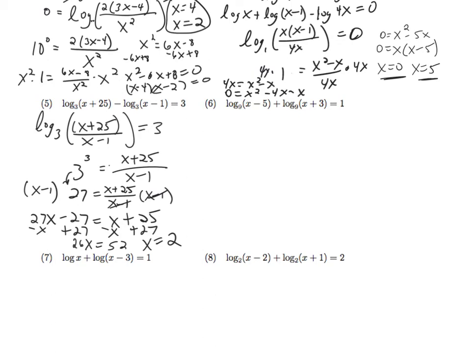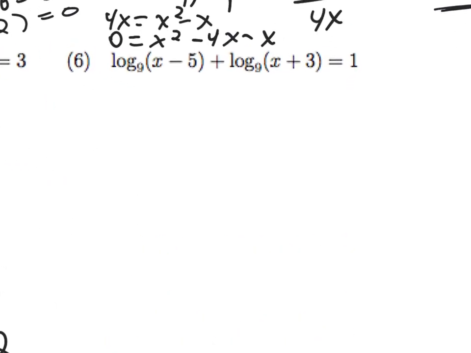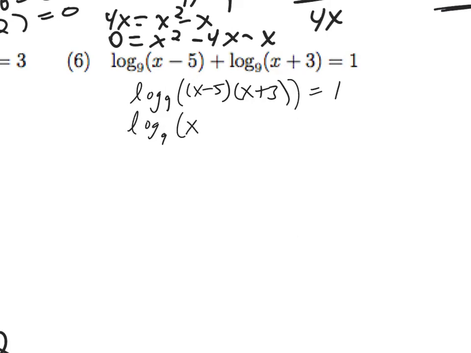Okay. Number 6. I'm going to condense this. The log base 9 of (x minus 5) times (x plus 3) equals 1. Log base 9 of x squared plus 3x minus 5x minus 15 equals 1.